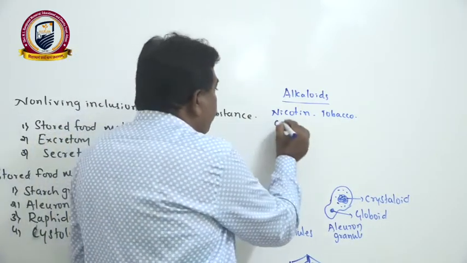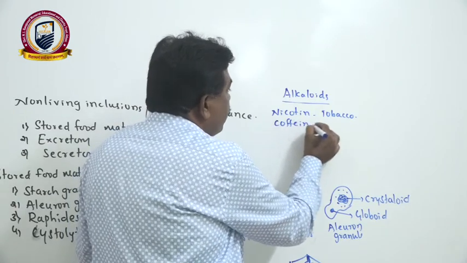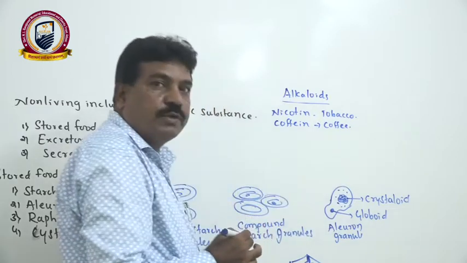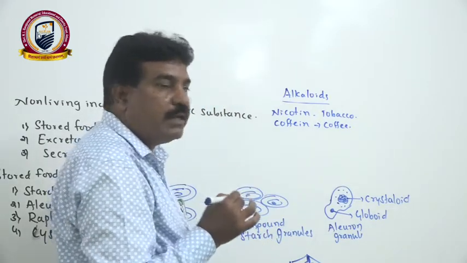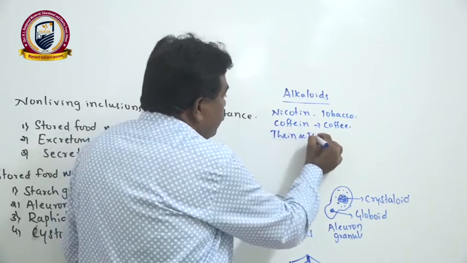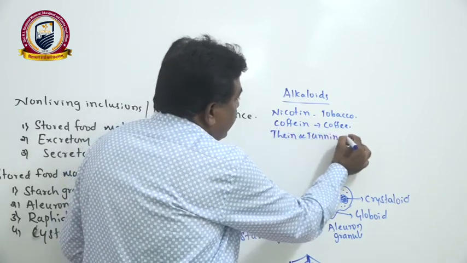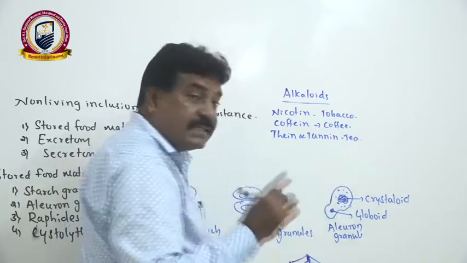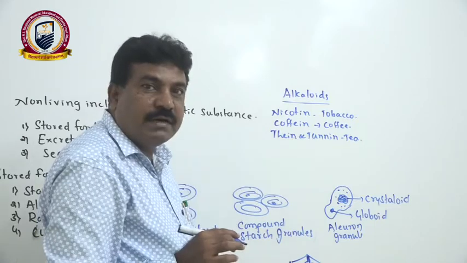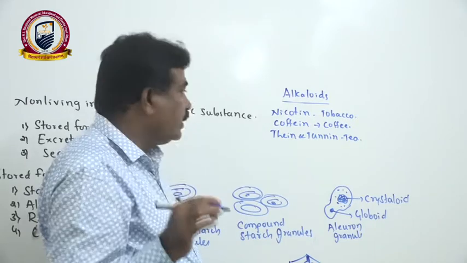Caffeine, found in coffee, is the best stimulant and it is a non-addictive stimulant. Like that, theine and tannin found in tea are also excretory material in plants, and its alkaloid acts as a stimulant.